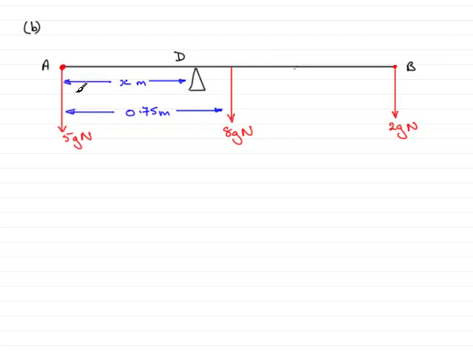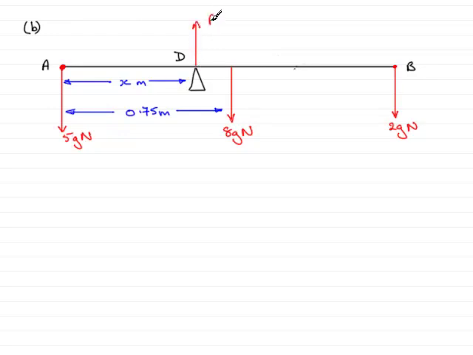And now that I've put that support in, we've got all these three forces acting downwards, and in order to stop that from moving downwards, we've got a force acting upwards from the support, the reaction on the support. I'll mark that in there.